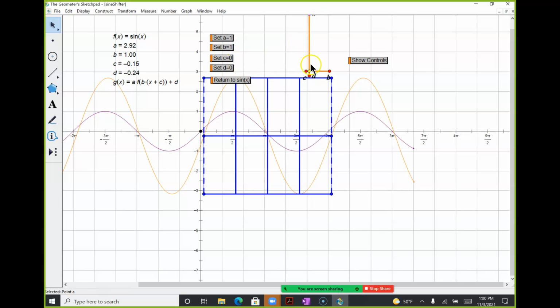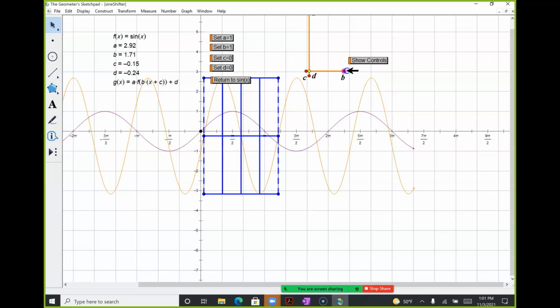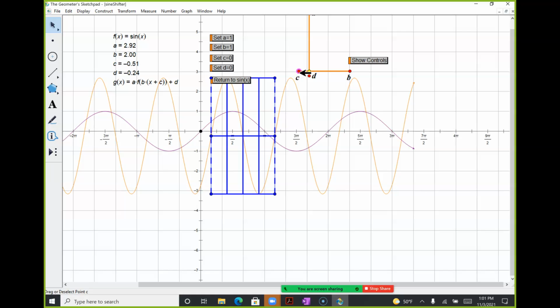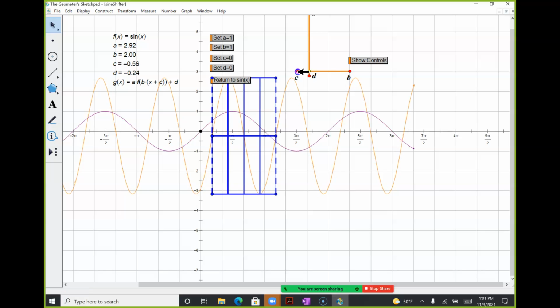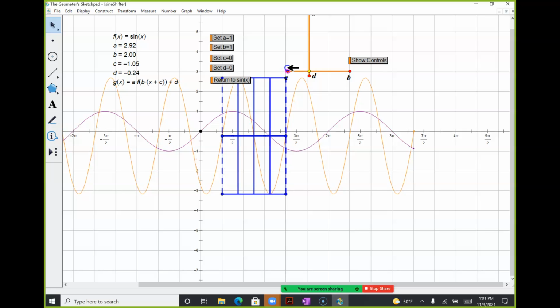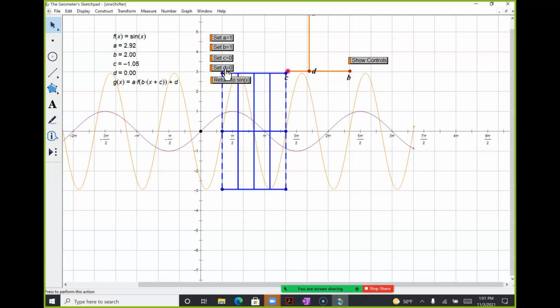I had a B of 2. I had a C of pi over 3. What's pi over 3? About 1.05. And there it is, right? There's my graph. So, oh, why is D? I should have D as 0. Sorry. Right.